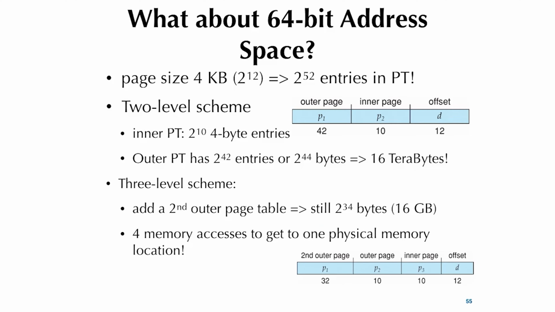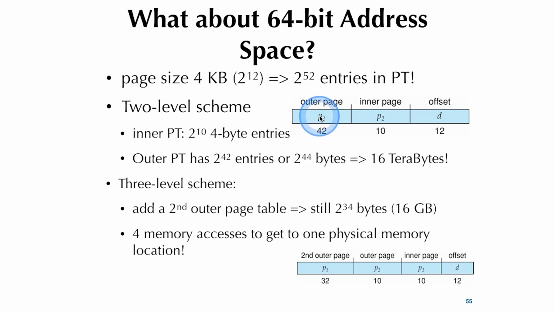Okay, so for 64 bits, what happens? Well, you can have many more. So the offset part is the same. The inner page is determined by the size of each page, because you have only so many entries within the page. So the inner page table must fit in 1 page, right? So all the remaining bits go to the outer one.